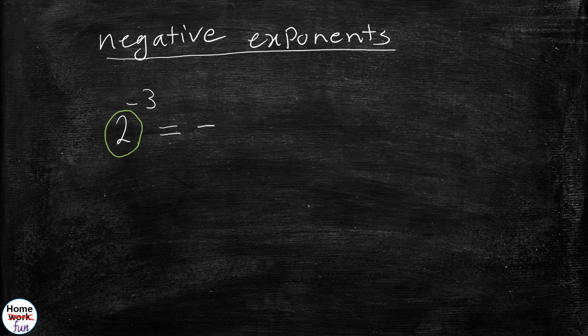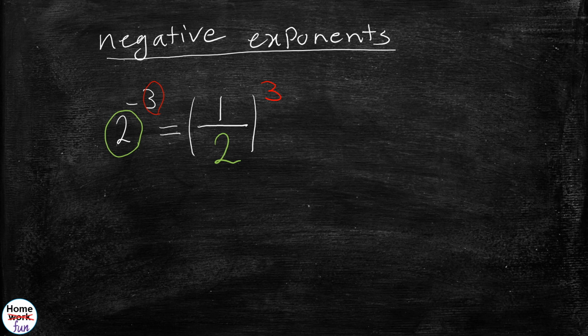So you make a fraction. You put the base as the denominator, and as the numerator you can just put 1, and then the power of 2 here, or the power of the entire parenthesis, will be just positive 3. So 1 over 2 to the power of 3. That's the meaning of negative exponents.